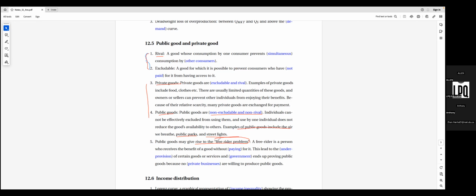Non-excludability can lead to two very important consequences. The first one: the supply of public goods is always lower than demand. The demand for public goods is super high because it is totally free.